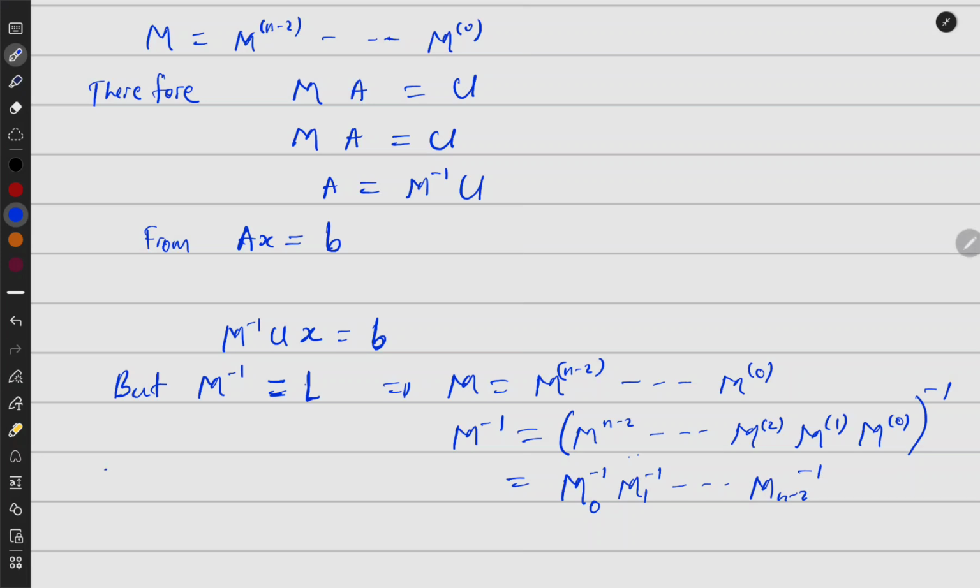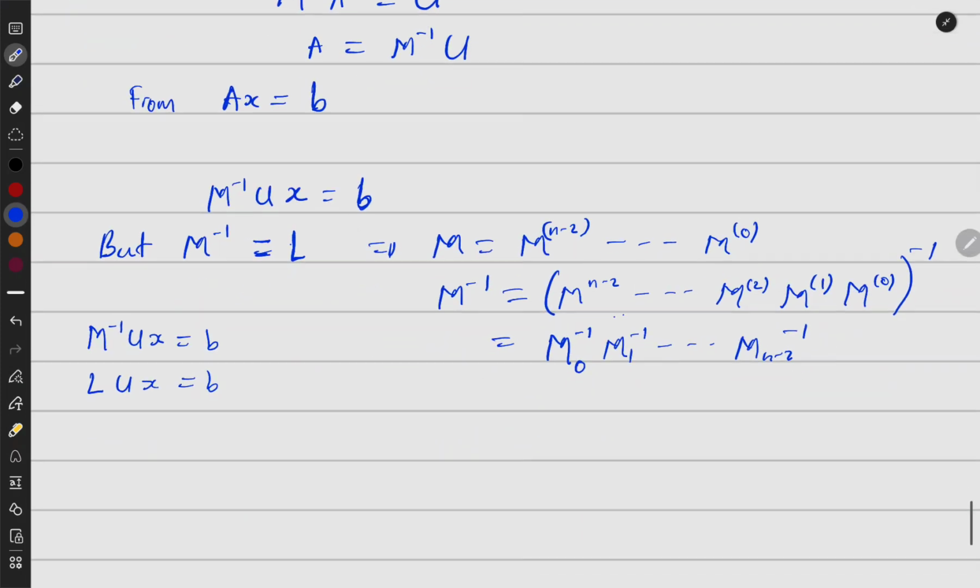So meaning that my M inverse U x equals to B is going to be LUx equals to B. So after getting your U, we are now solving our system Ax equals to B, whereby we have expressed A in terms of LU.